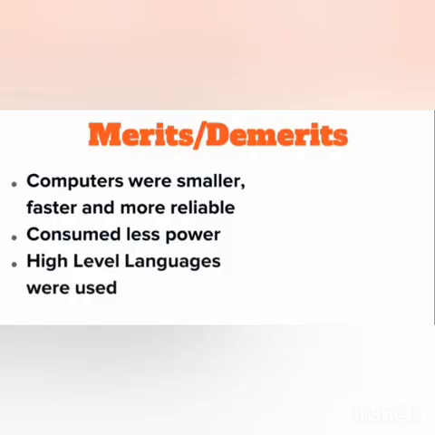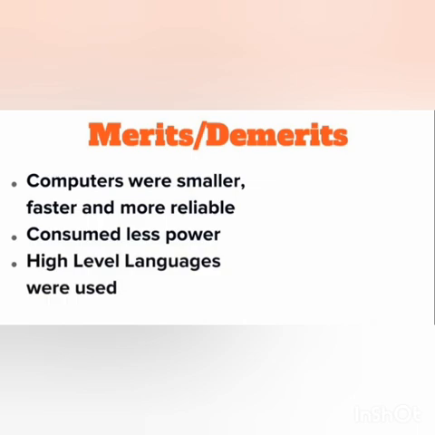The unique merit is that high-level languages were used in the third generation. We have already seen machine language and assembly language, and here we are going to see about the high level language. High level language is nothing but a natural language.